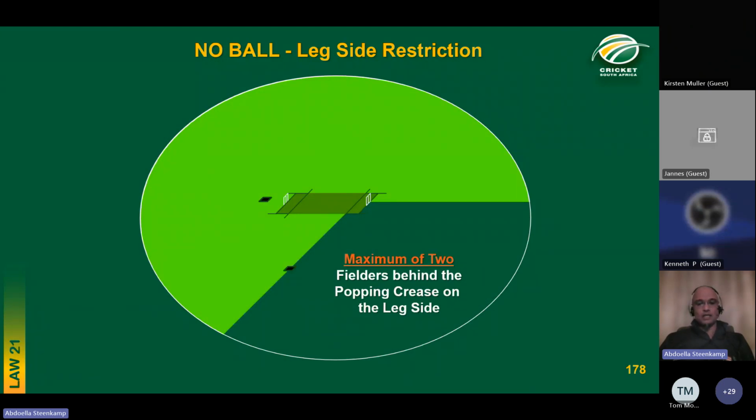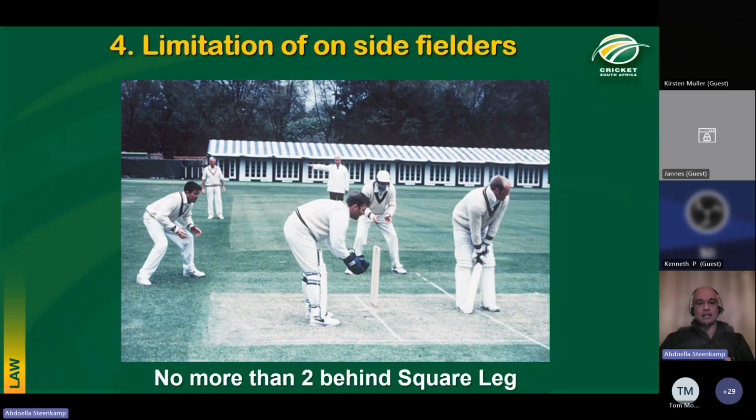Also, according to the laws of cricket, you are allowed a maximum of 2 fielders behind the popping crease on the leg side. Let me go to the next pic to illustrate this more clearly. So this is a right-handed batter. The laws want only at the instant of the delivery there to be a max of 2 fielders behind the popping crease on the leg side.